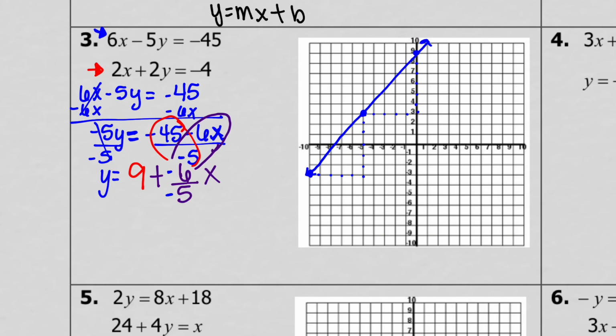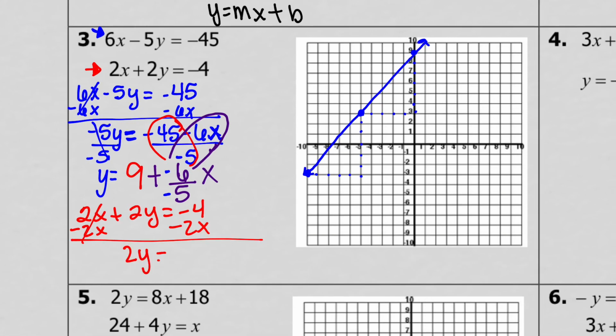We have 2x plus 2y equals negative 4. How do I solve this equation for slope-intercept form? What is my first step? Okay, now what do I do to isolate my y?